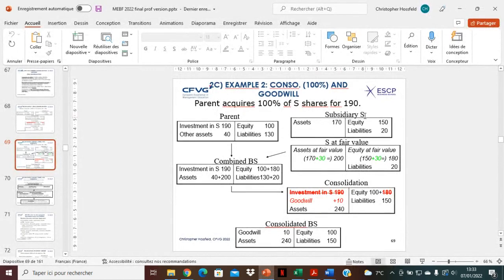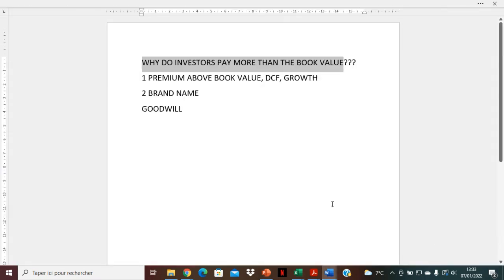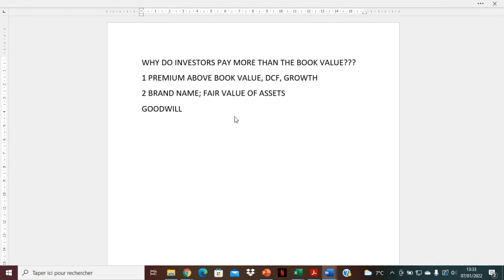Okay, maybe there are other reasons why people pay more for the subsidiary than the book value, and this reason was already mentioned actually by Hang Wu. That is, the book value is not the fair value, and that means even for the existing assets of the subsidiary, it may be that the fair value of those assets is higher than the book value.